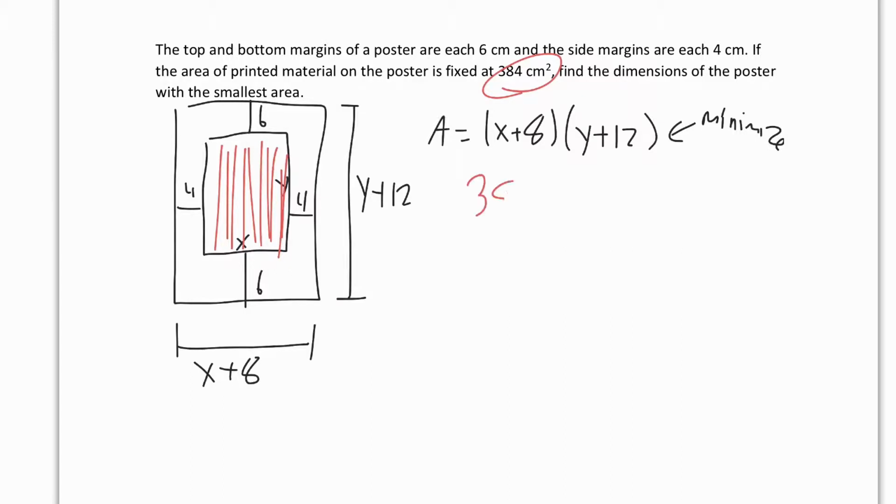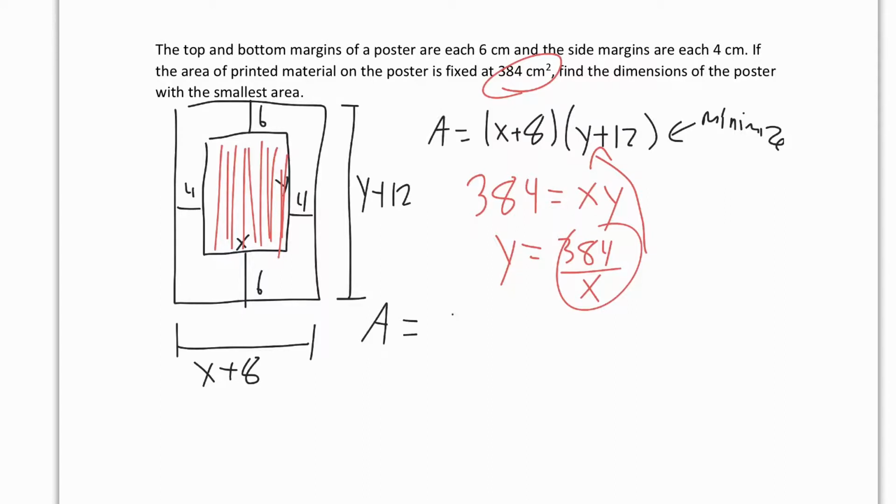But this 384 is equal to X times Y. And so we can isolate for Y as 384 over X and plug that in right here. So we'll get area is equal to X plus 8 times 384 over X plus 12.